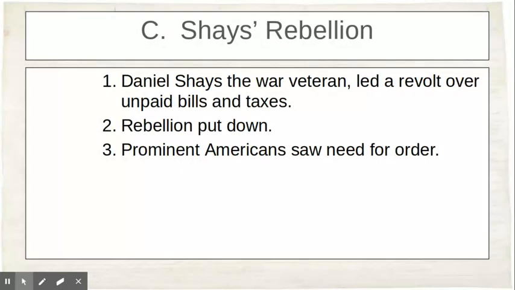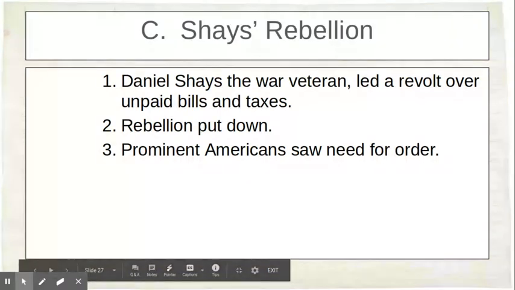And so he and a group of his friends would basically rise up, start a rebellion to stop the banks, to stop the sheriff's office from seizing property. It was easily put down, but it obviously revealed the biggest fears that America was going to descend into chaos. So that would encourage more states to send delegates to the next convention in Philadelphia.